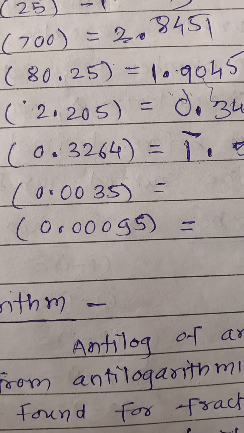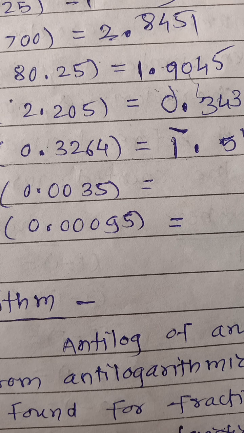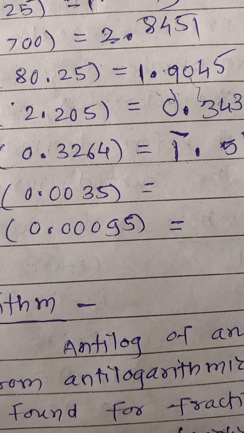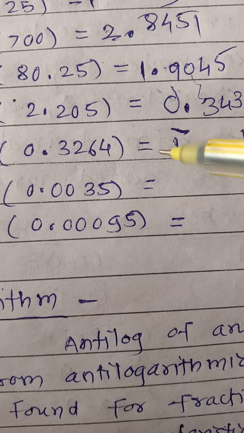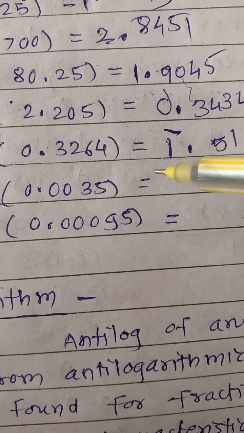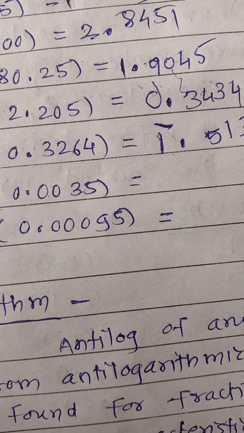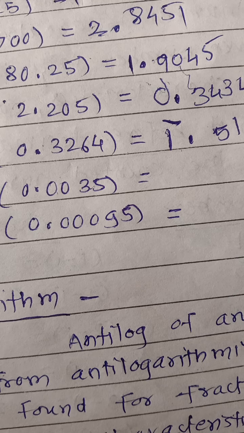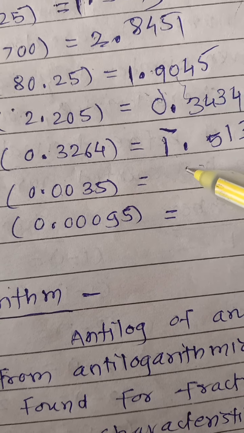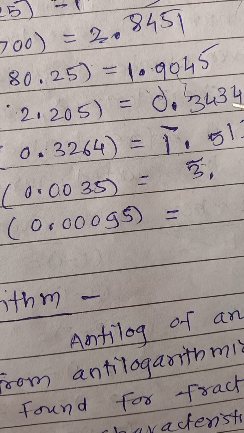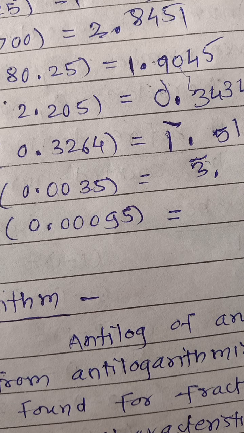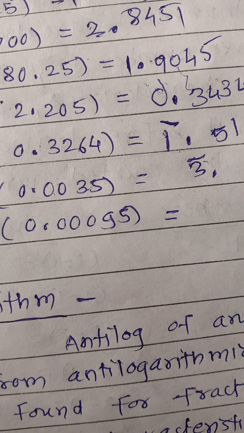The next number is 0.0035. Now in this case 0.0035 means the number of zeros between the decimal point and 3 is 2. So 2 plus 1, that is 3, and therefore we will get here 3 bar. So here it will be 3 bar point. We have to find out log of 35 then.